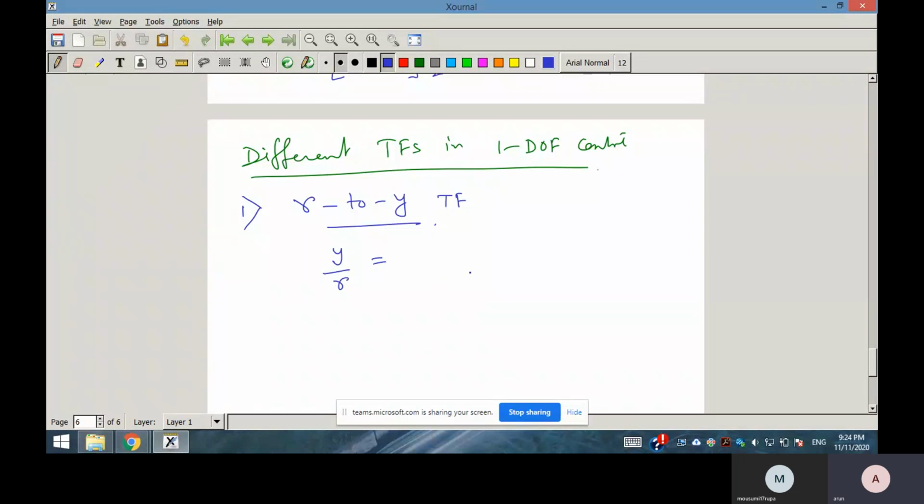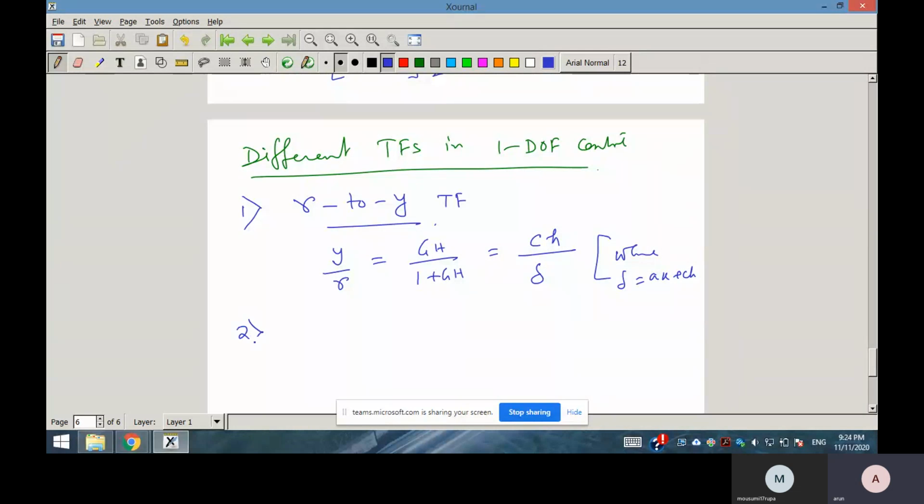So if you see G is again C by A, H is small h by K. So if you do it, you will get CH divided by delta, where delta is your AK plus CH. I am not writing all those S, but actually it will be C(s) H(s) divided by delta(s).